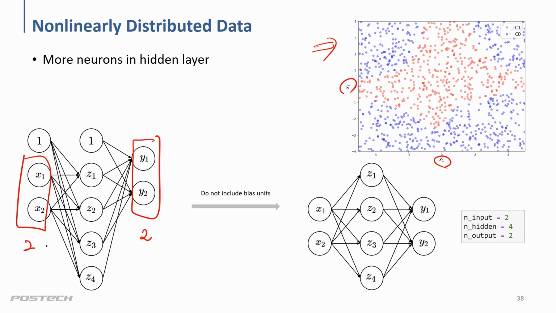And how many neurons do you think are required in that case? What's the minimum number of neurons that you believe you need to set?